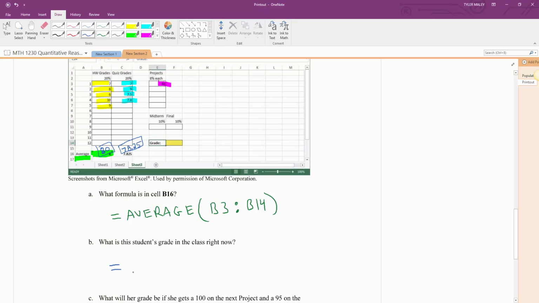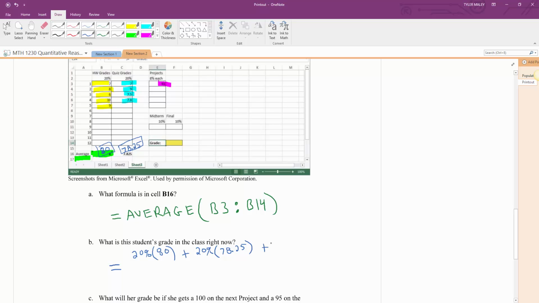So to do this, I would first take your homework grades, which are 20%. So we would take 20% times 80, and then plus, the weighting of the quiz grades is 20% also. And then we would multiply that times the 78.25. That's the data value we have for quizzes.